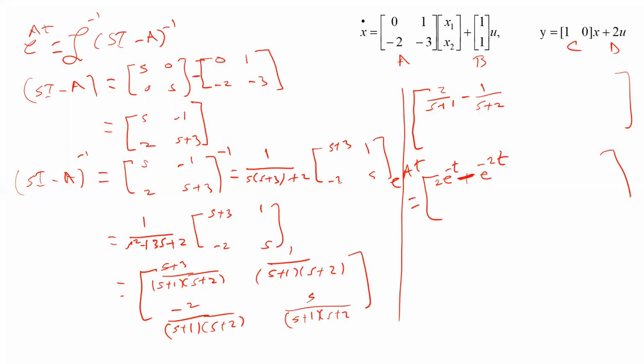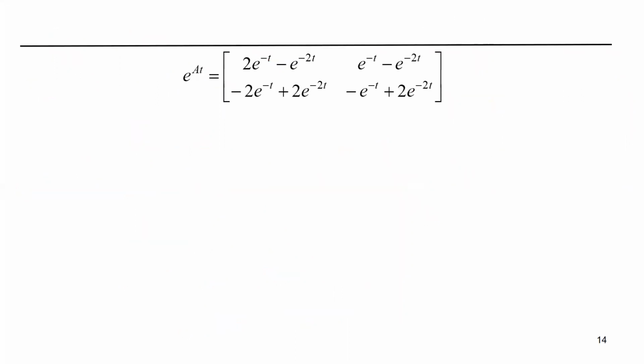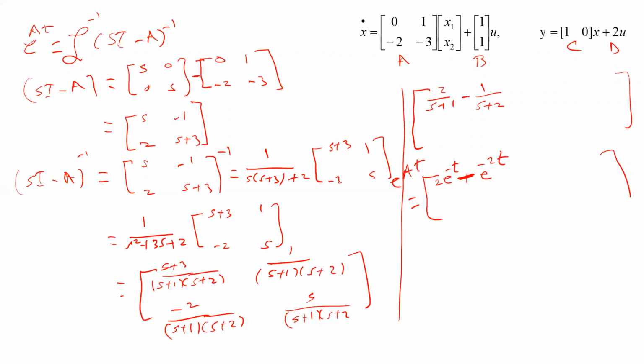If you do that, this is what you will get. This is your e to the At. Any question here? This is coming from the step-by-step work which we have done.